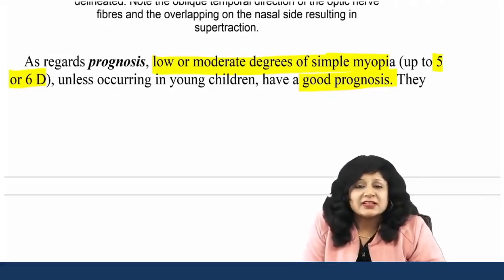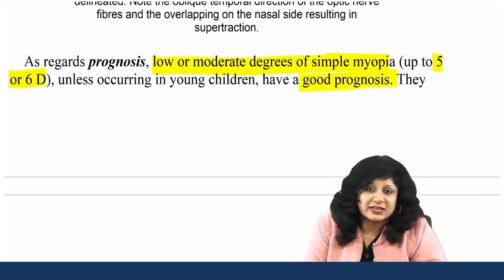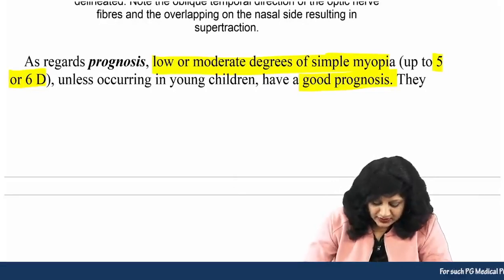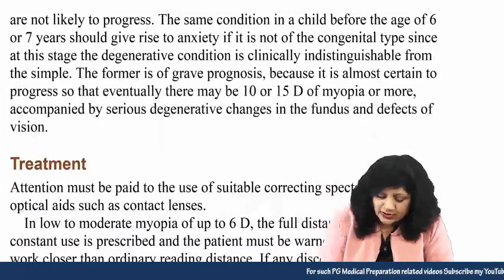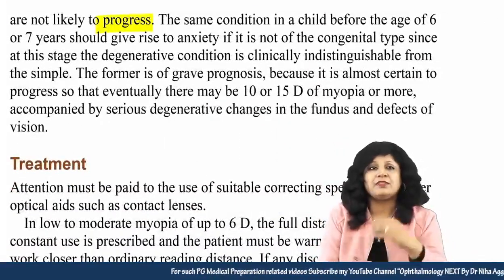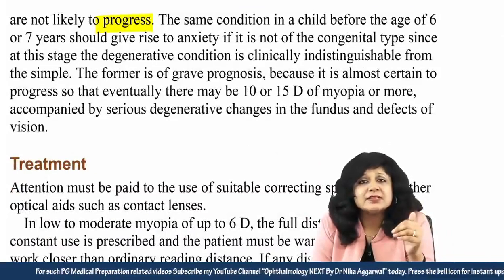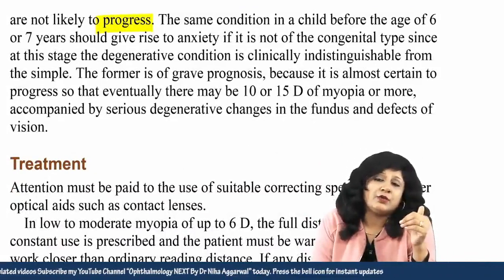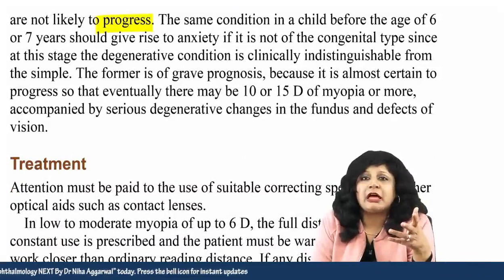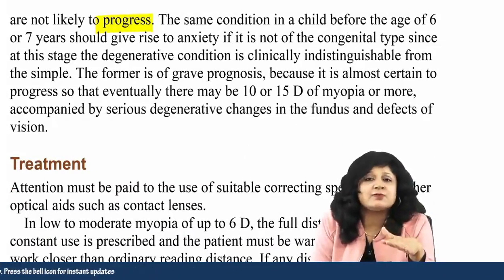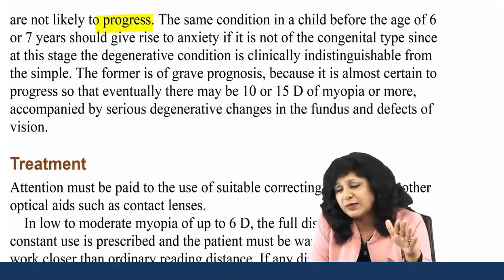So in that it may cause a problem, but otherwise it has a good visual prognosis. They are not likely to progress also. When you are having this simple myopia of 5 to 6 diopters in children, unless they are very small, usually we do not have the risk of progression.